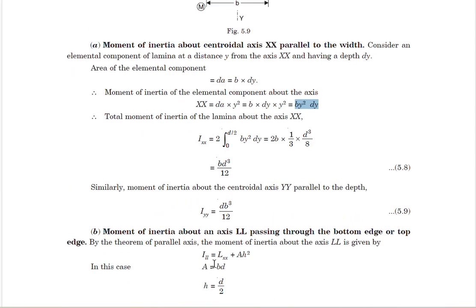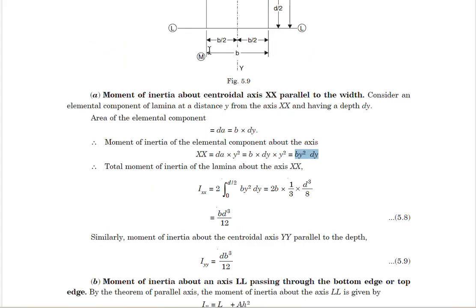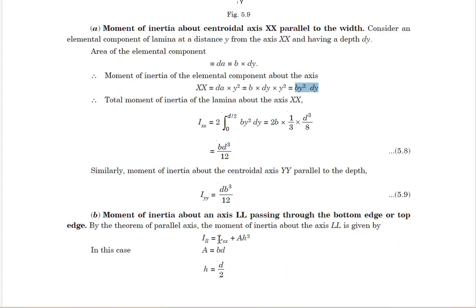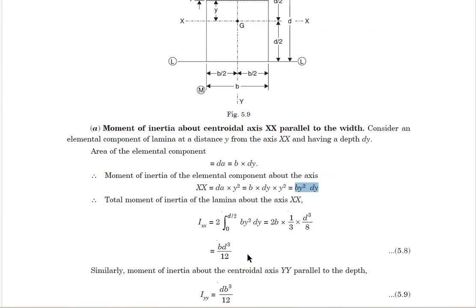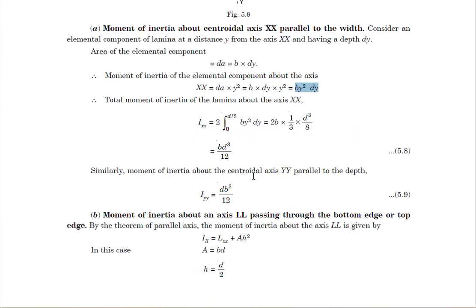So we will simply say that the moment of inertia about LL is equal to I xx plus A into h square. The area we already know is b into d, and h is the distance of the CG from this line LL, which is nothing but d by 2.